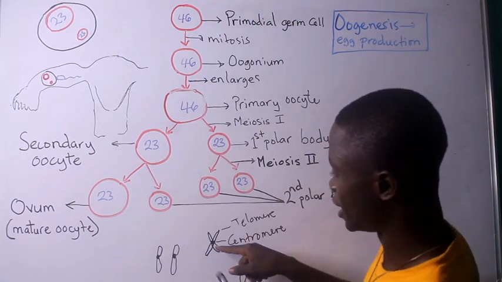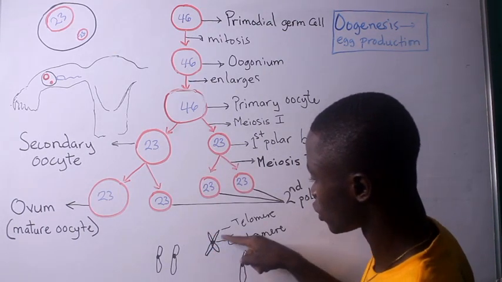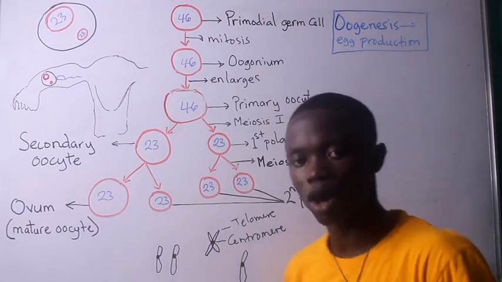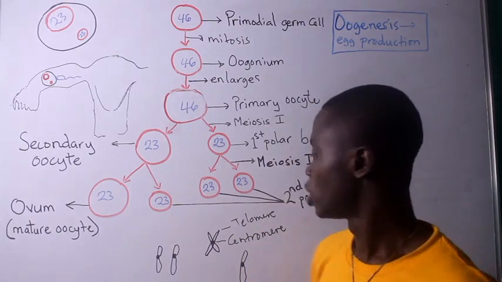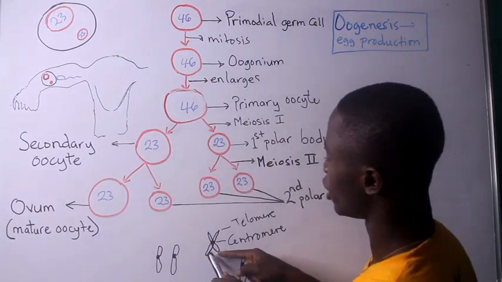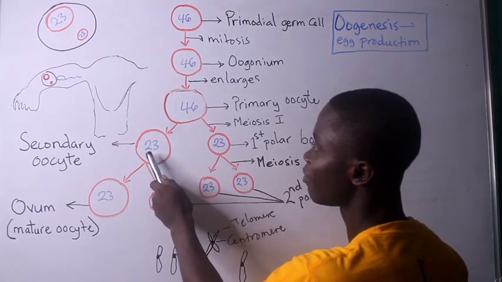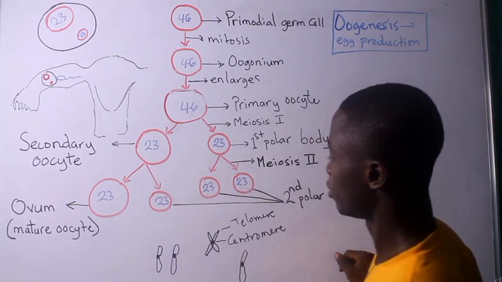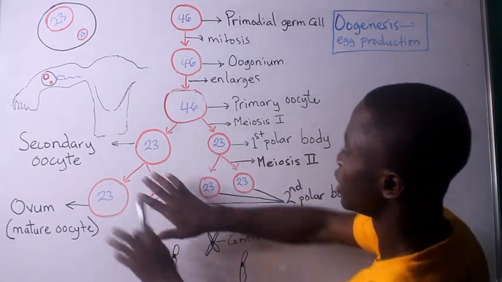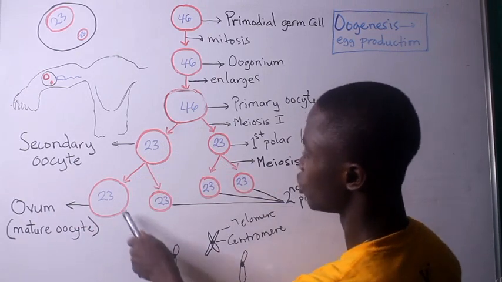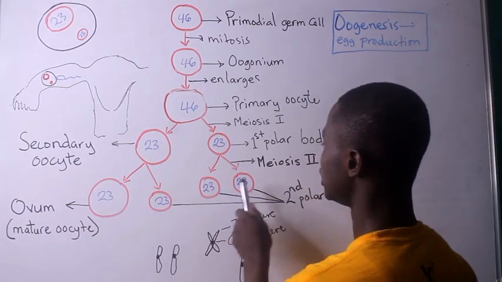At the end of meiosis 1, they were together like this, as one chromosome. So we still have 23, haploid, but they were just double-stranded. Since we separated them like this now, you still have 23 in each cell.